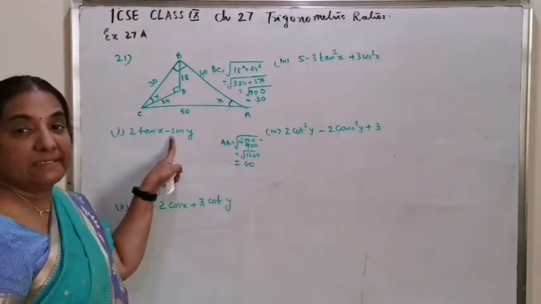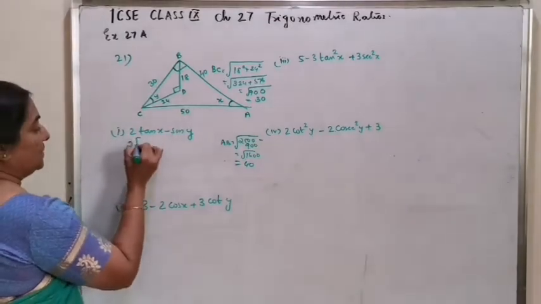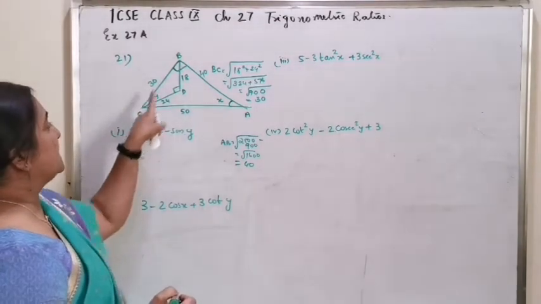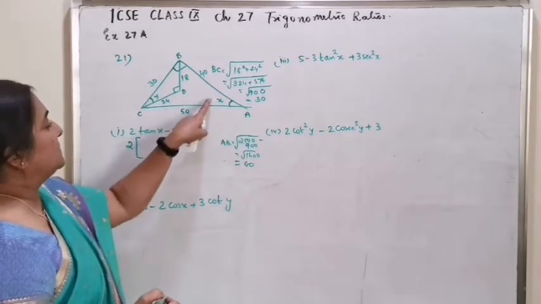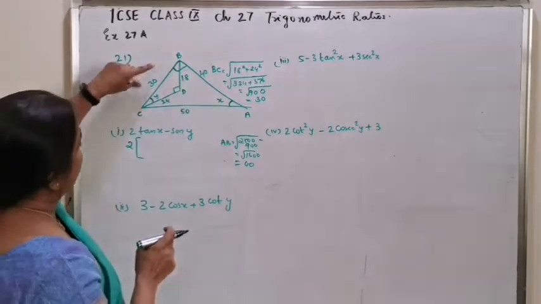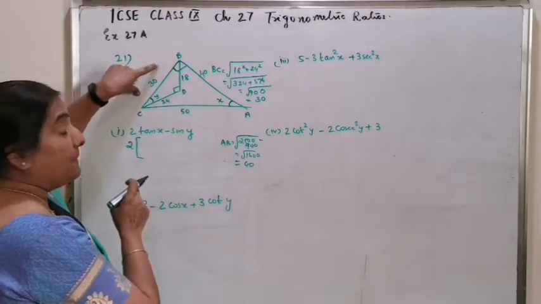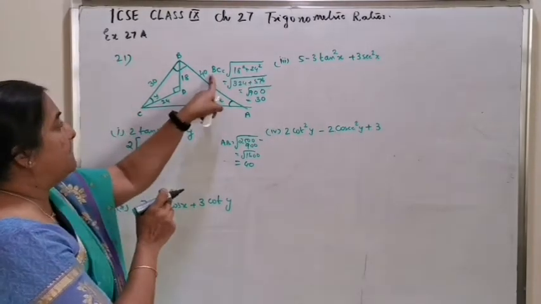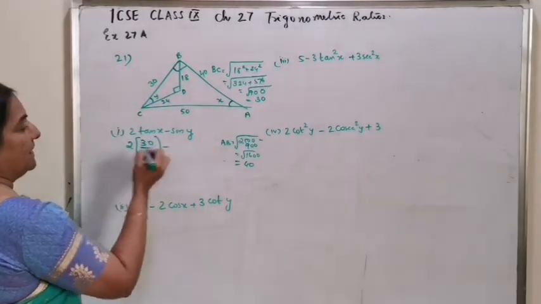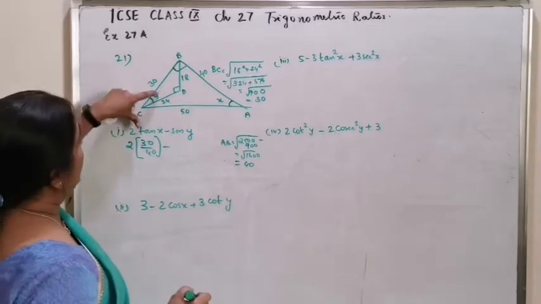The first is subdivision. 2 tan x minus sin y, that is 2 into tan x. Angle x is in triangle CBA. So tan x means opposite side, or the perpendicular, it is 30, and the base is 40. So 2 into 30 by 40 minus sin y. Y is here.